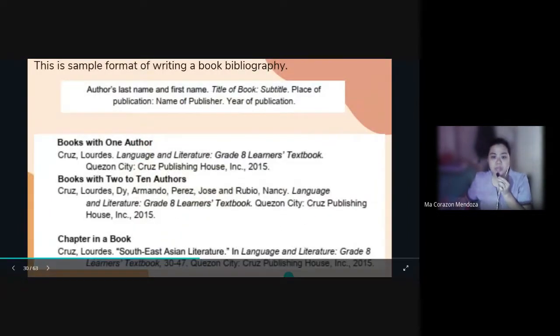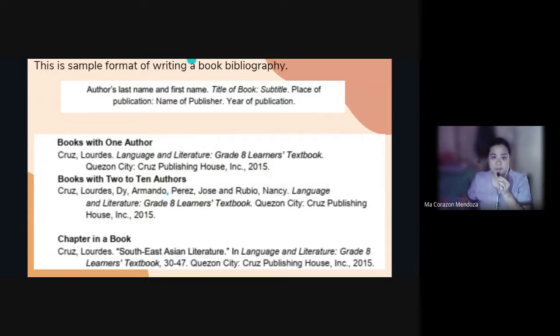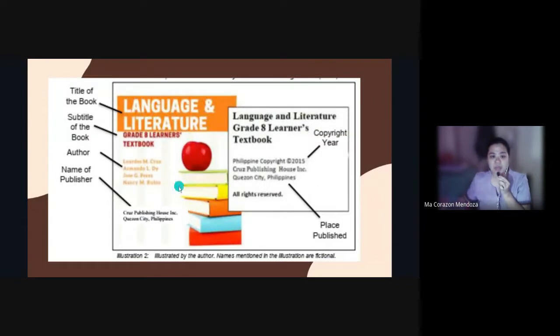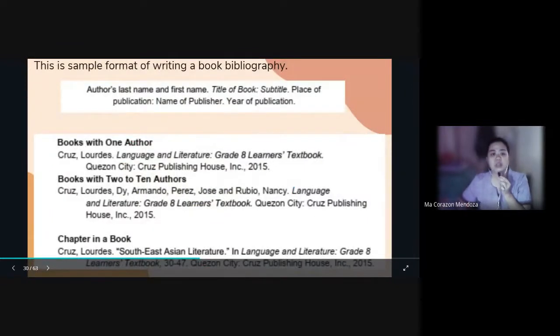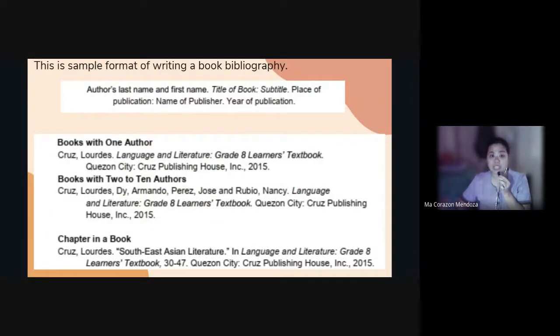So this is the sample format of writing a bibliography, book bibliography. So we have the author's last name and first name. So we must write first the last name of the author. Remember earlier, the last name is Cruz and first name is Lourdes M. So we will write there Cruz, comma, Lourdes.